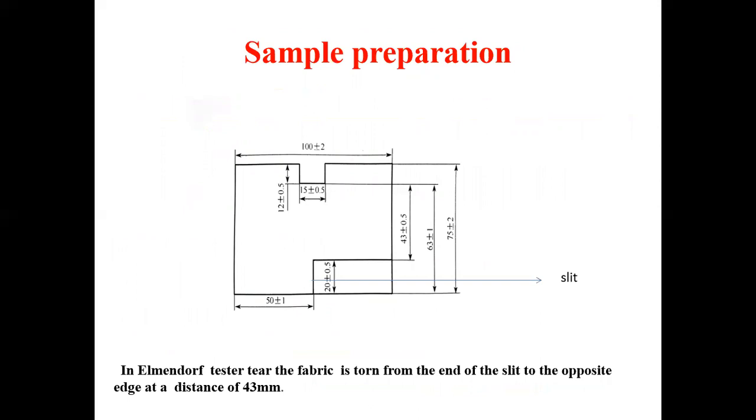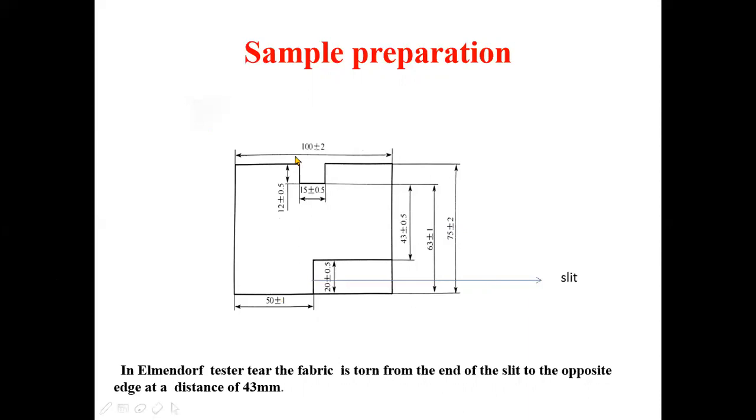Now, the instrument will be supplied along with the template, and using the template, we have to cut the size of the specimen. The width of the specimen will be around 100 millimeter. All the dimensions shown in this slide are in millimeter. The plus minus 2 figures that you can find here are the allowances that may be allowed at the time of preparation of the sample.